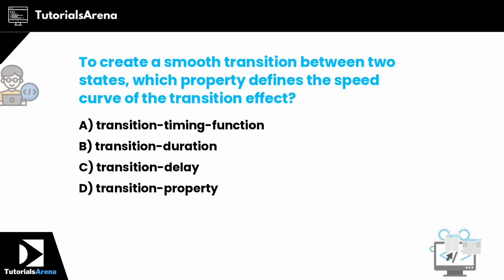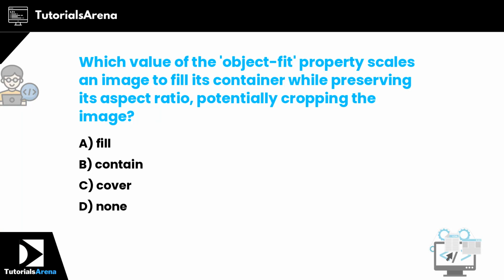To create a smooth transition between two states, which property defines the speed curve of the transition effect? The correct answer is option A, transition-timing-function. Which value of the object-fit property scales an image to fill its container while preserving its aspect ratio, potentially cropping the image?